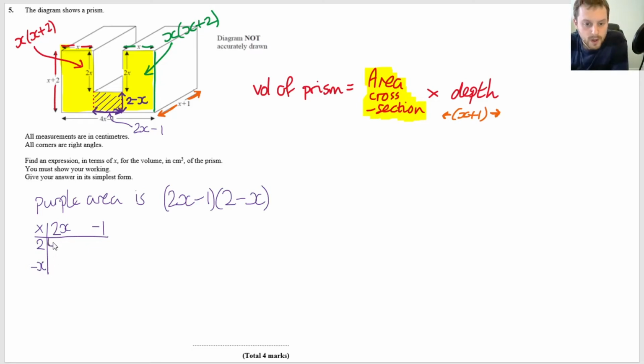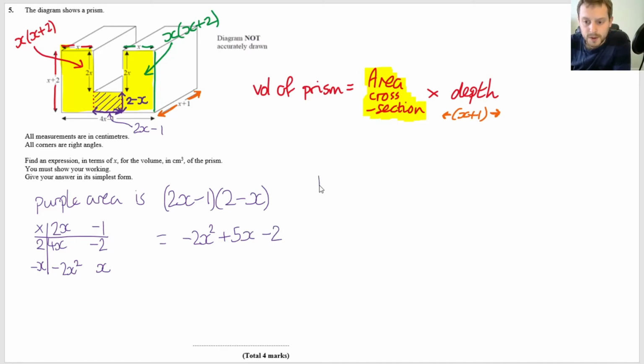So we've got 4x minus 2 minus 2x squared, and minus times a minus is a plus, and it just ends up being 1x. So this is equal to minus 2x squared plus 5x altogether, take away 2.